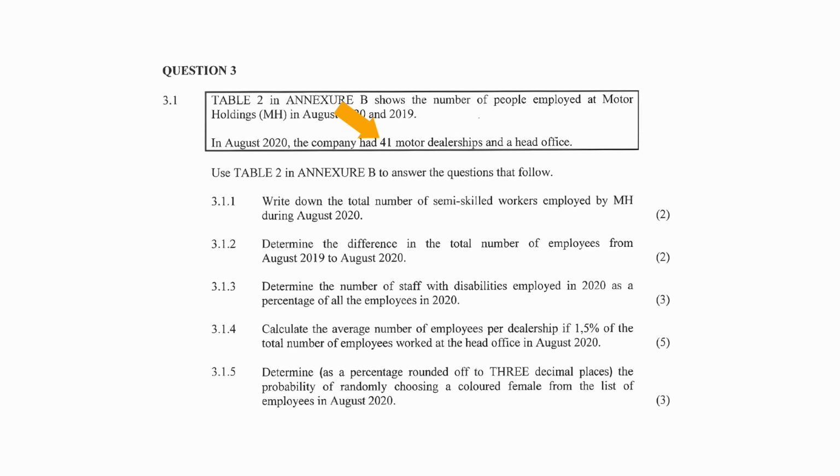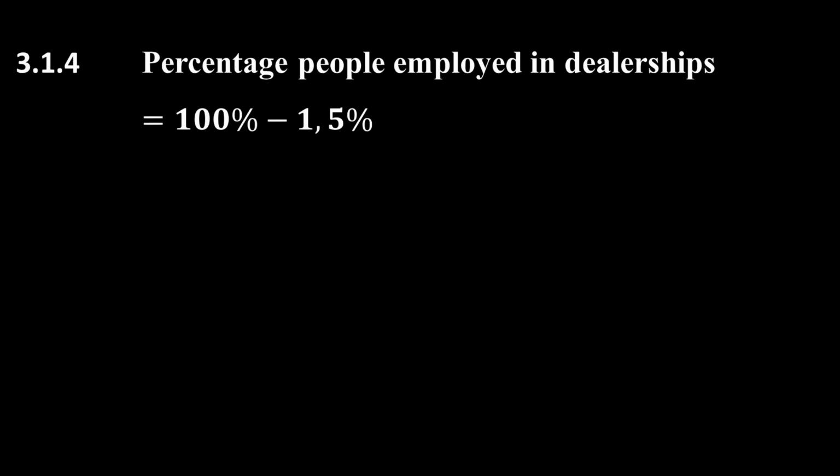Since 1,5% of employees worked at the head office, the number of employees that worked at dealerships is 100% of the employees minus 1,5% of the employees at the head office, and this equals 98,5%. So 98,5% of employees worked at dealerships.